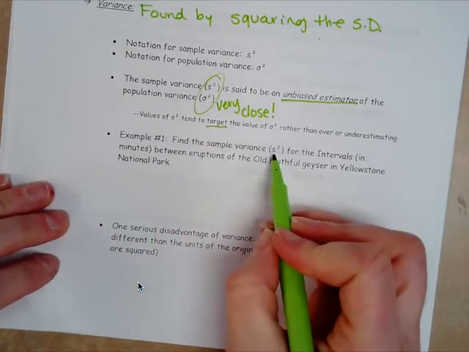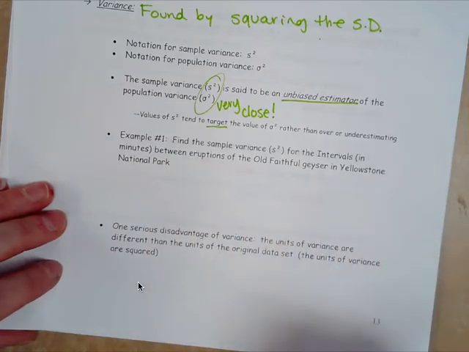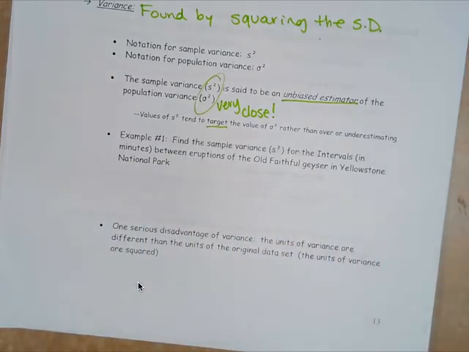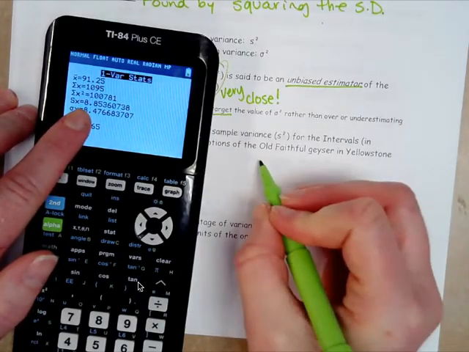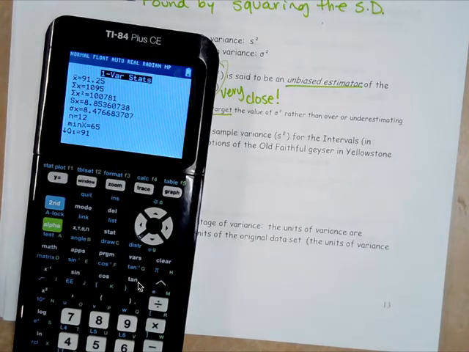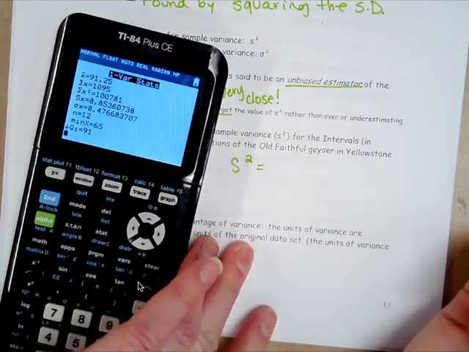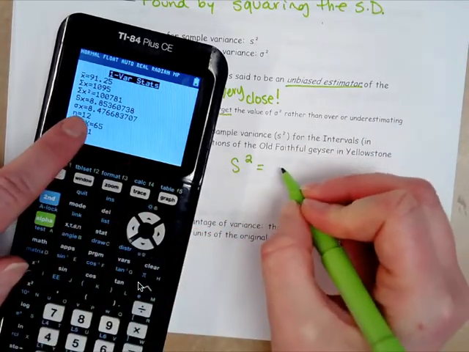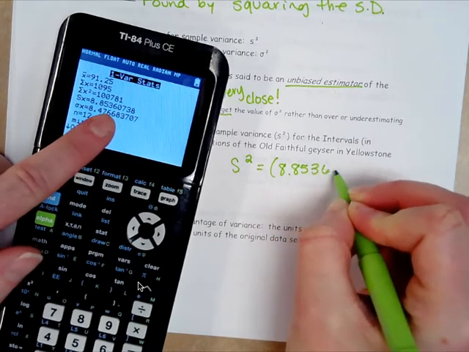So to find our sample variance for the intervals of the eruptions, if we use what we rounded, remember we're not supposed to round whenever we actually find a value. We don't round until the very end. So in order to find standard deviation squared, we're going to have to use all of it.